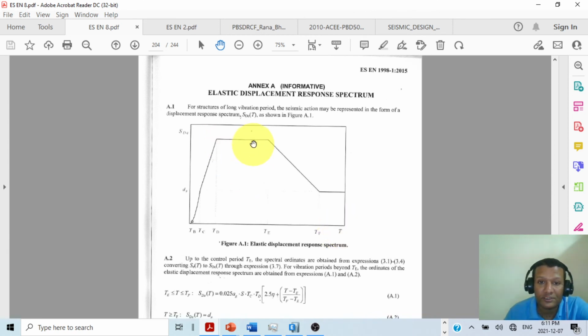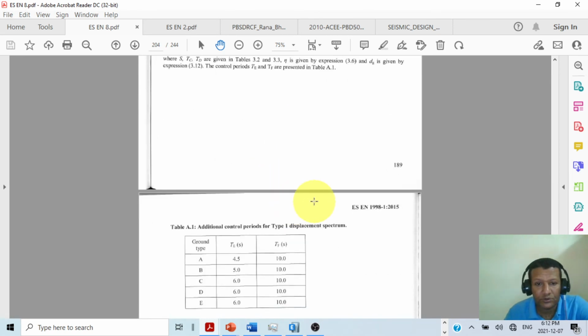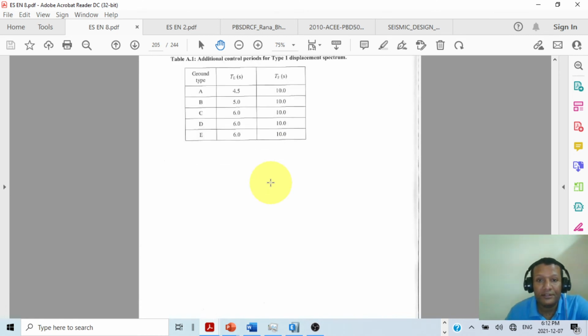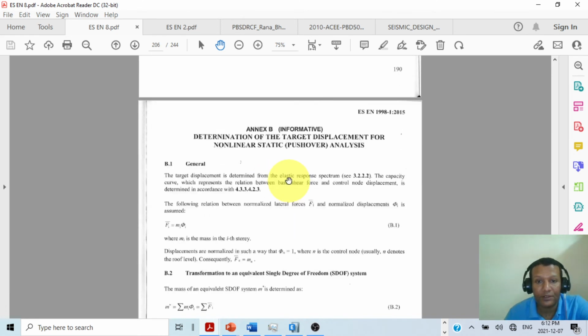This is the constant acceleration area, this is the constant velocity area, and this will be the constant displacement area after the long period. TF will depend on the ground type, but for ETABS, once we give these properties, it will calculate it directly for us.